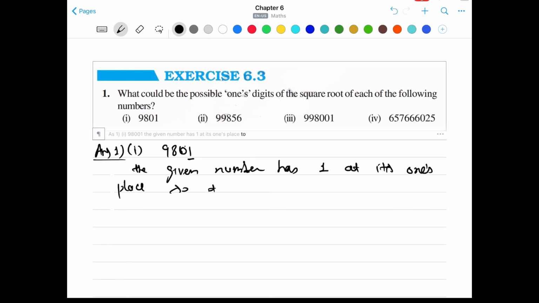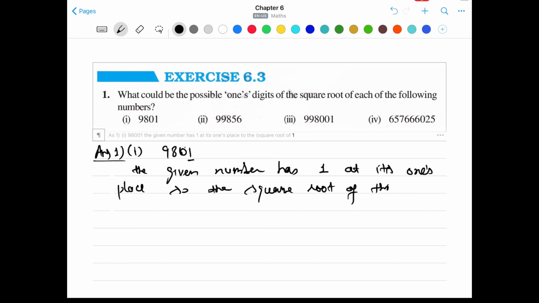So the square root of this number may be 1 or 9, because we get 1 only when 1 is multiplied by 1 or 9 is multiplied by 9. 9 into 9 is 81, so that means we are getting 1 at the unit place, or ones place.